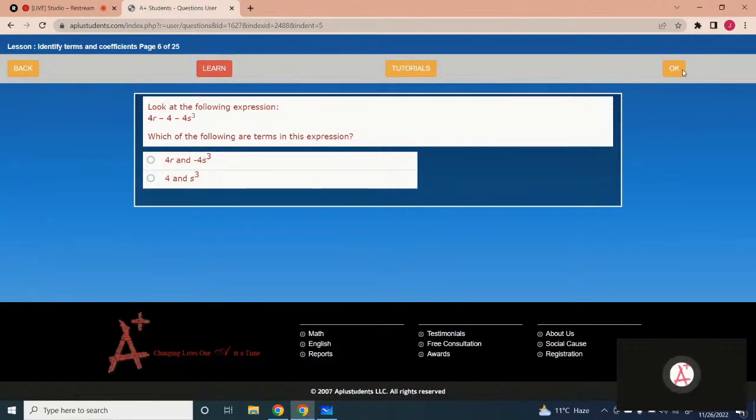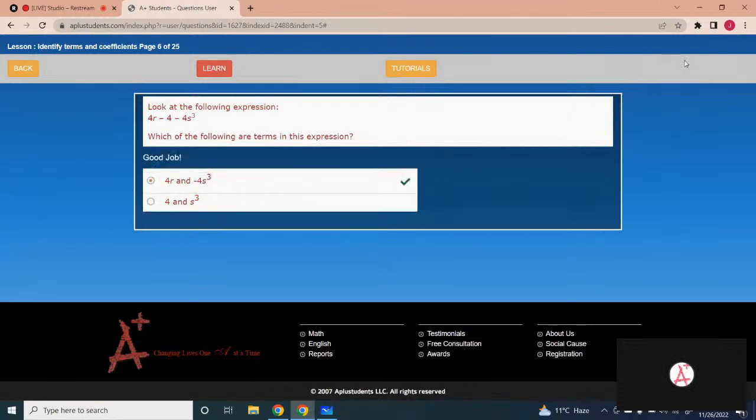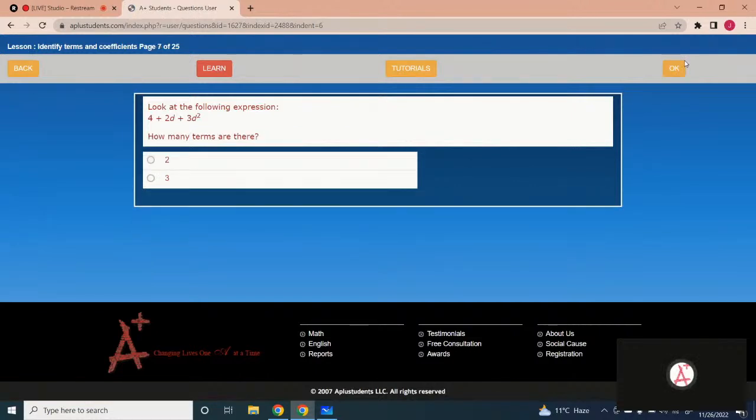Look at the following expression. Which of the following are terms in the expression? Got it? 4r square and negative 4s cube, because you don't have s cube here, you have negative 4s cube. So this is the correct option. Okay, look at the following expression.